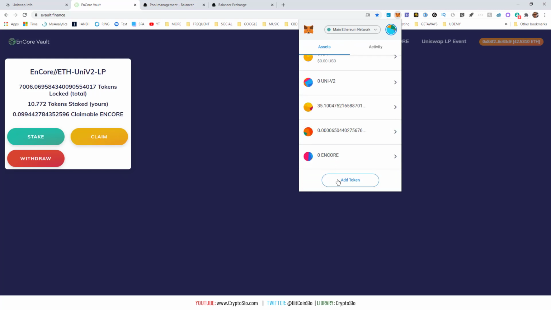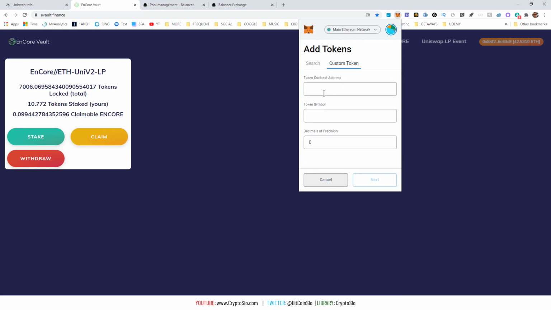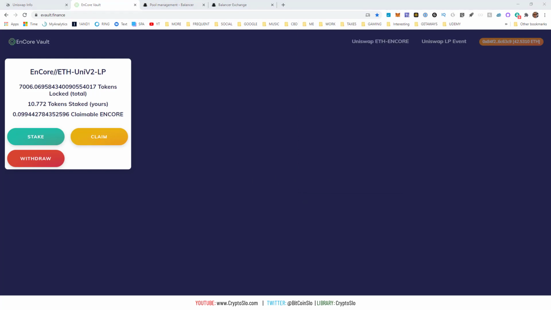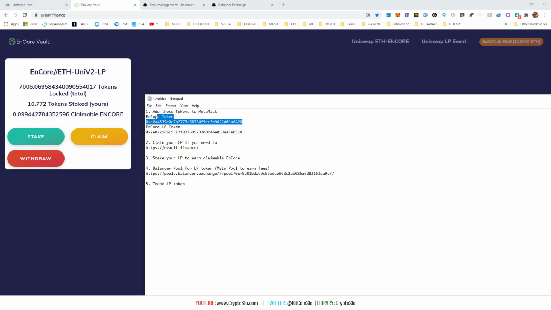scroll down, hit add token, custom token, add the contract address. I already have it in there. Make sure you hit next to add token. And then basically you're going to do the same thing for the actual token. So the LP token represents your liquidity on Uniswap. You cannot remove your liquidity.